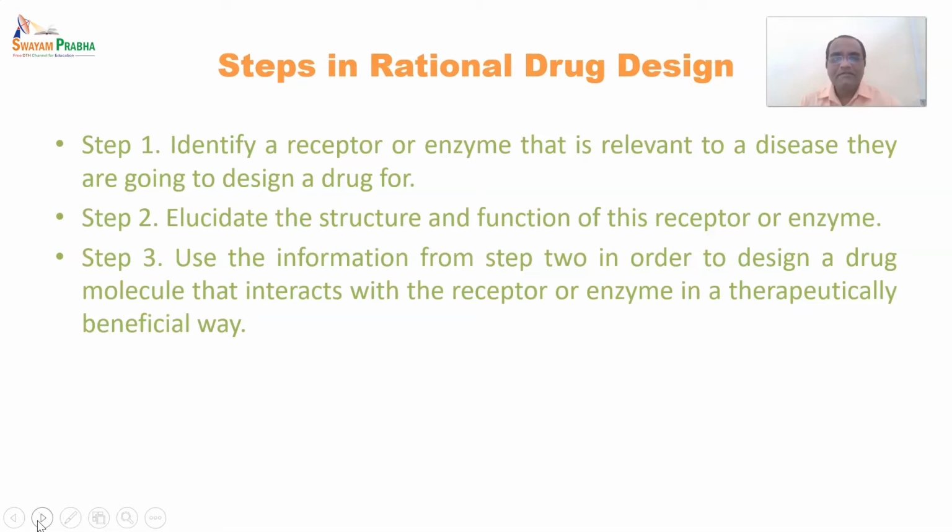I have already discussed that there are 2 ways of drug design: analog design and rational drug design. In rational drug design, firstly a target is identified, and only after that a drug molecule is invented for a therapeutic purpose.